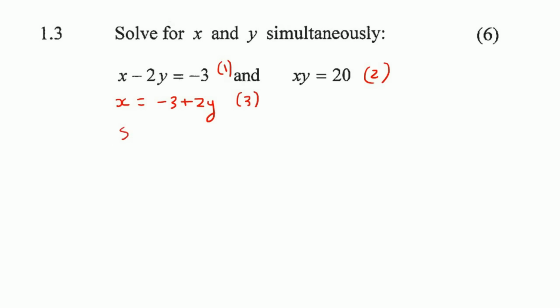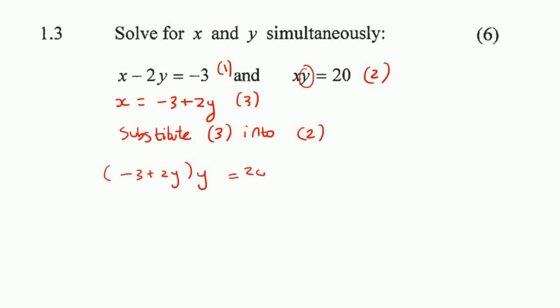Now what I'm going to do is substitute equation 3 into equation 2. Okay, so I'm going to take this x and put it in the place of that x over there. So I'm going to end up with minus 3 plus 2y, and then on the outside there'll be a y, which is this one here, and that's equal to 20.